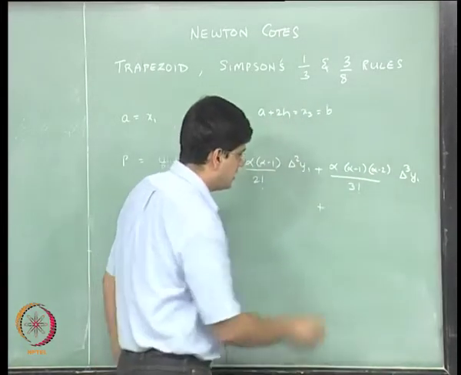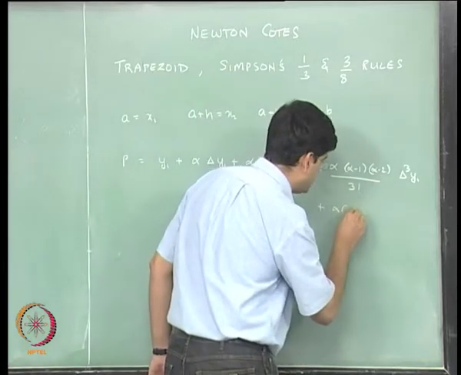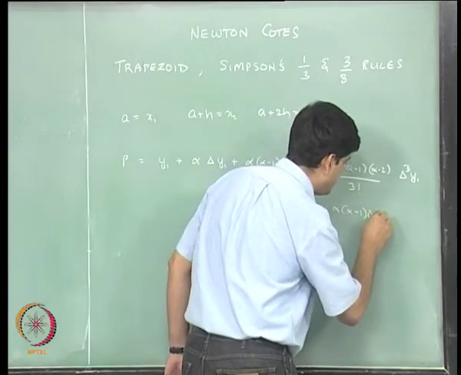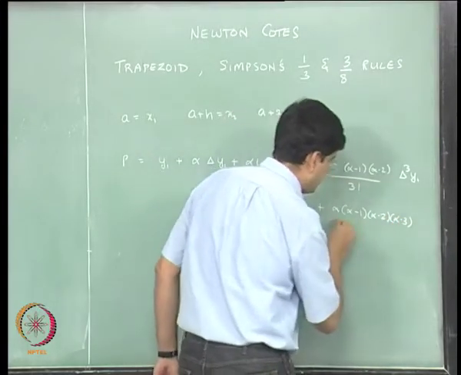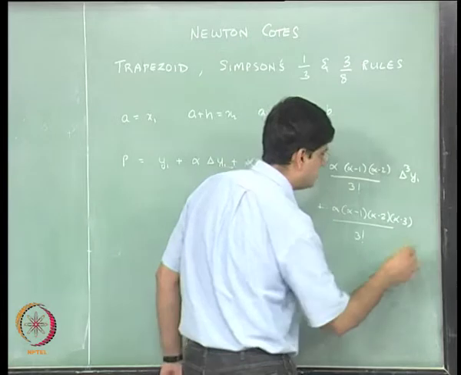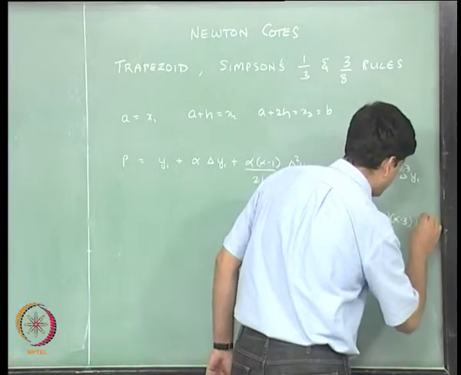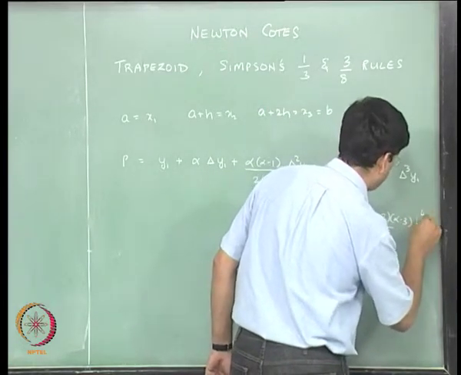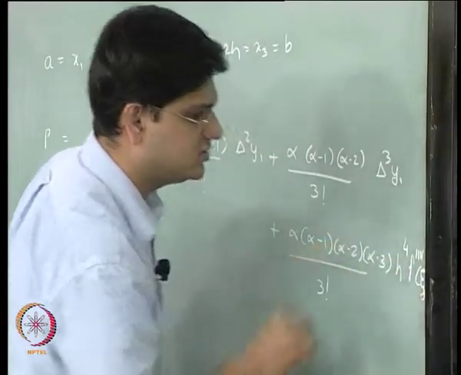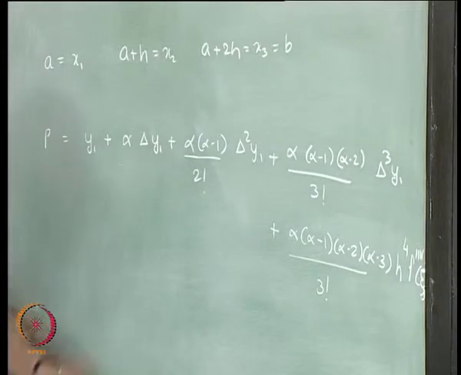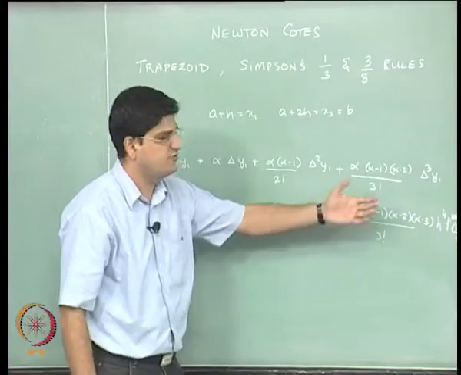That term, when we replace it with the mean value theorem, is going to be alpha minus 1, alpha minus 2, alpha minus 3 by 3 factorial multiplied by h to the power 4 f4 dash of zeta, where zeta is some point that lies between a and a plus 4h.